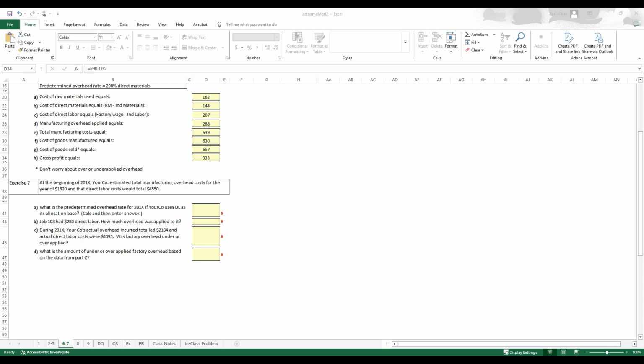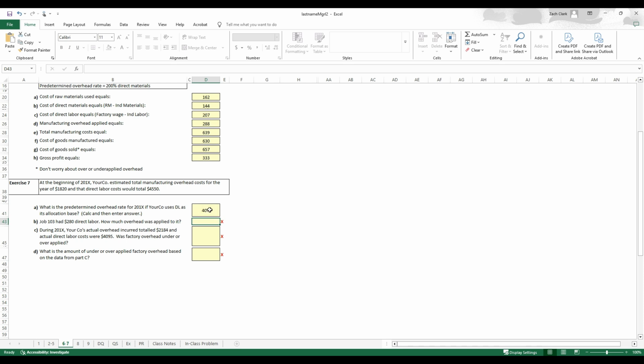If you remember, to come up with our predetermined overhead rate, we always want to have our total overhead costs as the numerator, and then our total allocation base, which as it tells you here is direct labor.